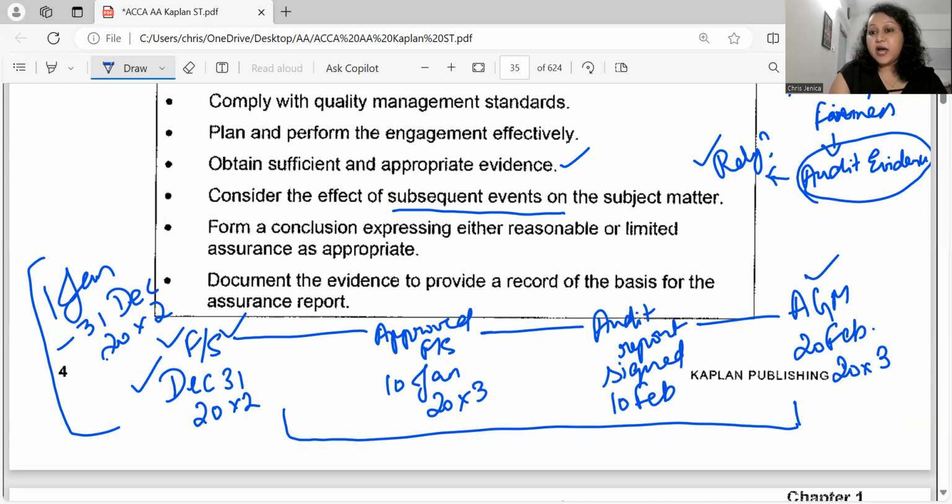Whether that event could have an impact on the financial statements or not. That's going to be the consideration of effect of subsequent events. This is also yet again a big topic that we'll be discussing in detail. Okay. Then once that's done, we'll be forming a conclusion and we'll be providing the audit report. So here they're coming up with another term, the conclusion expressing either a reasonable assurance or a limited assurance. So that is the next topic that we are going to look at.